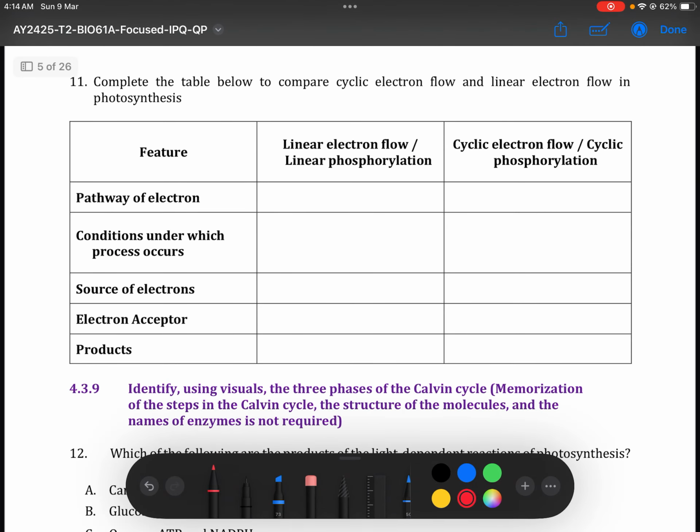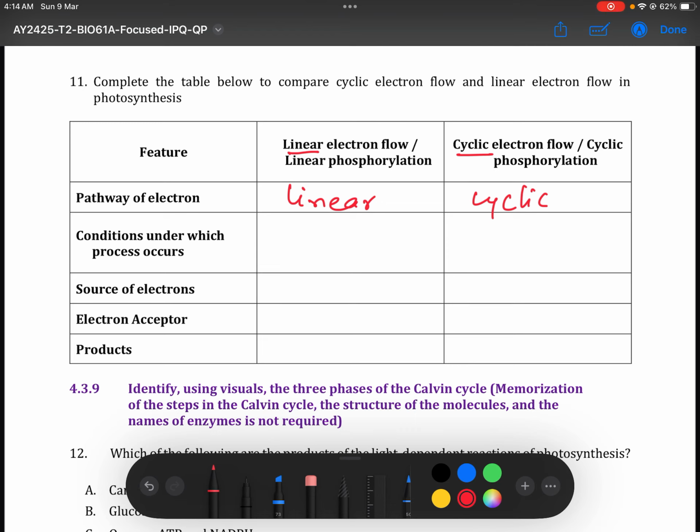Now here, the same question, you have to compare the pathways like the linear electron flow and the cyclic electron flow. So we have to see what's the pathway of electrons. Of course, this is linear, we know that, and this is cyclic. Conditions under which the process occurs, like what type of conditions you need.